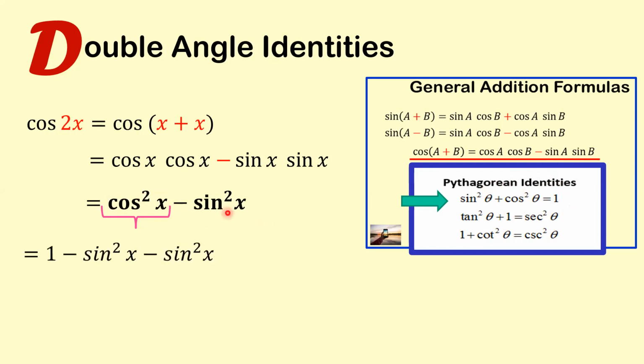Tapos ayun pa yung minus sine squared sa isa, yung tinira natin. Okay? So notice that these are just the same, negative, negative, so they won't cancel out. But instead, ang magiging coefficient nila will be negative 2. No? So 1 minus 2 sine squared x. This is the second version of the formula for cosine 2x.